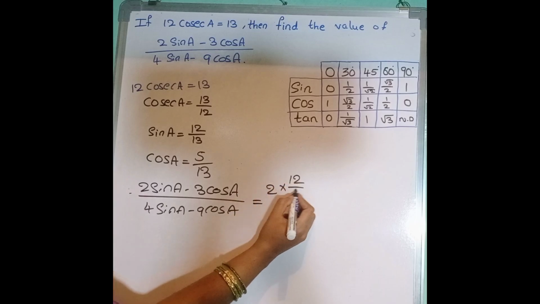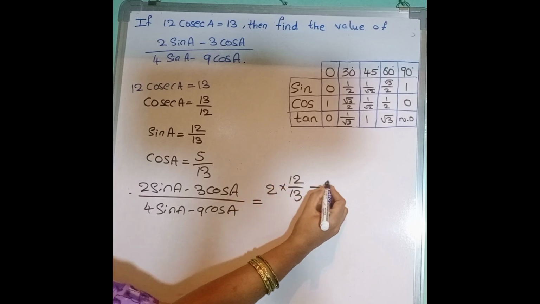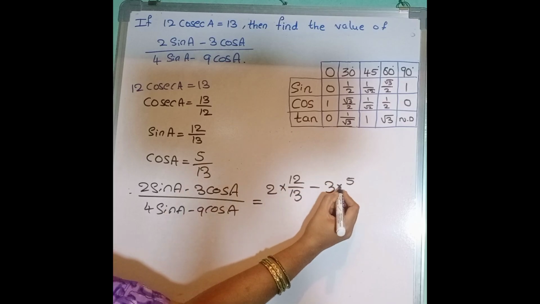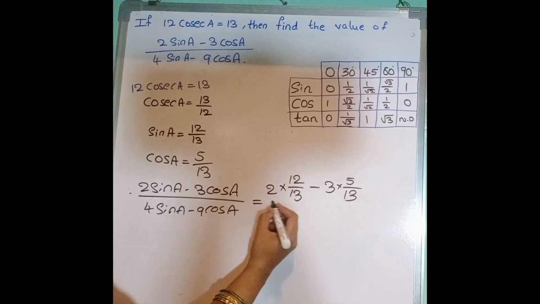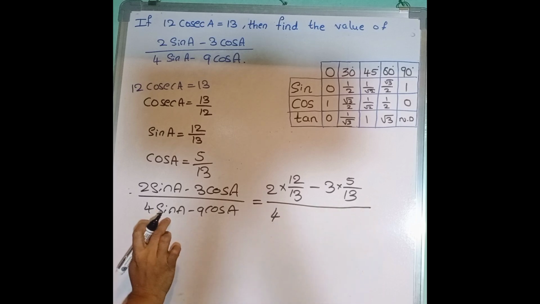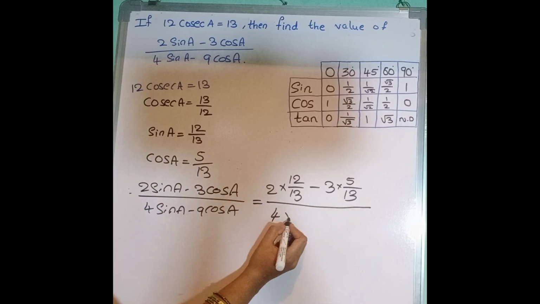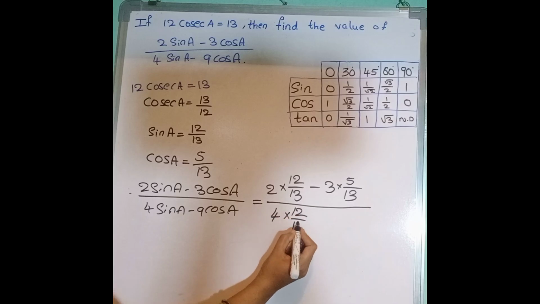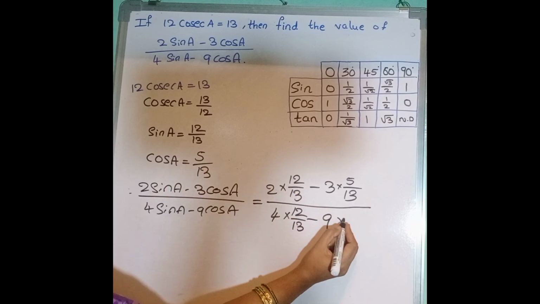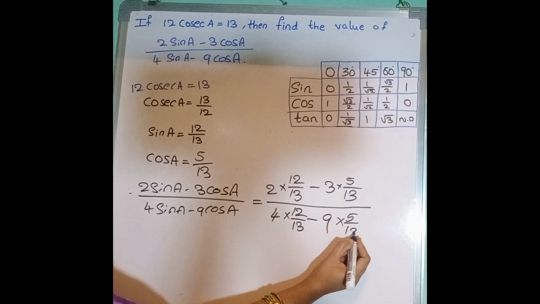So 12 divided by 13 minus 3 into the value of cos A, which is 5 divided by 13, divided by 4 into the value of sin A, 12 divided by 13, minus 9 into the value of cos A, 5 divided by 13.